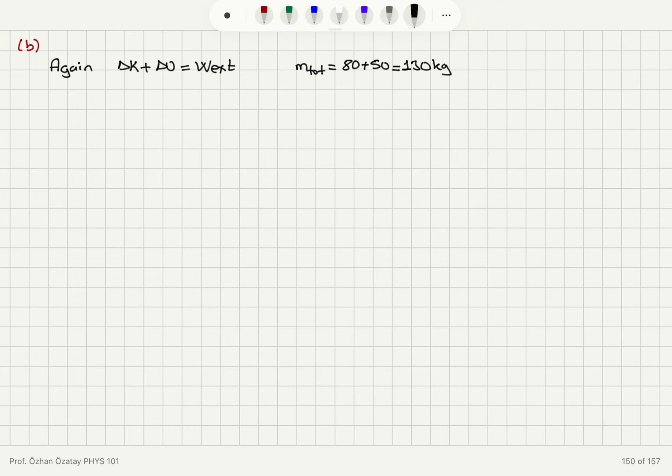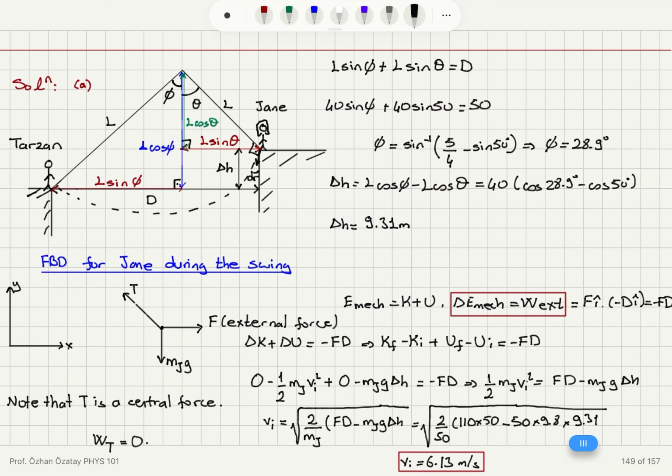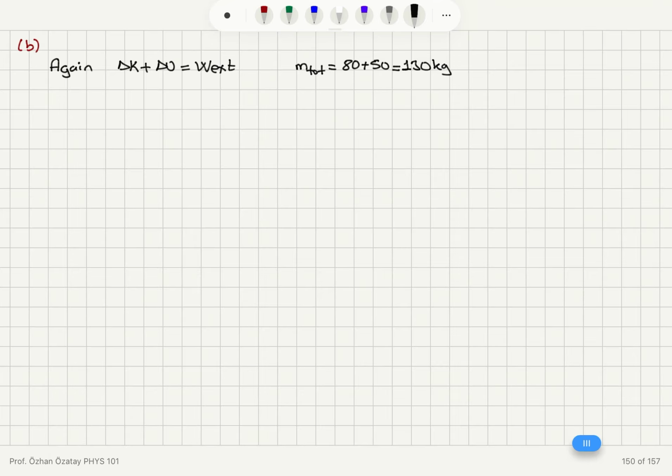So they will just make it to the other side and stop, so we're going to have a final kinetic energy of 0. Initial kinetic energy will be 1/2 m total v initial prime squared, plus they're going to gain potential energy m total g delta h.